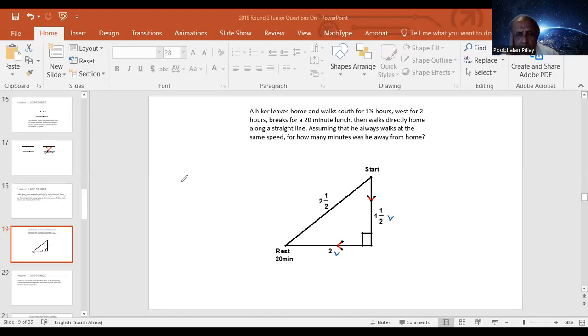It is equal to the square root of, in actual fact, 1.5, which is 3 over 2. So it's 3v over 2, all squared. And here, this is 2v, this distance, all squared. And that is this distance here, the hypotenuse.